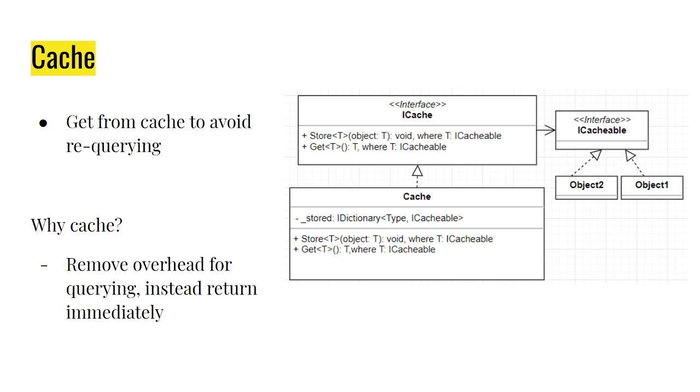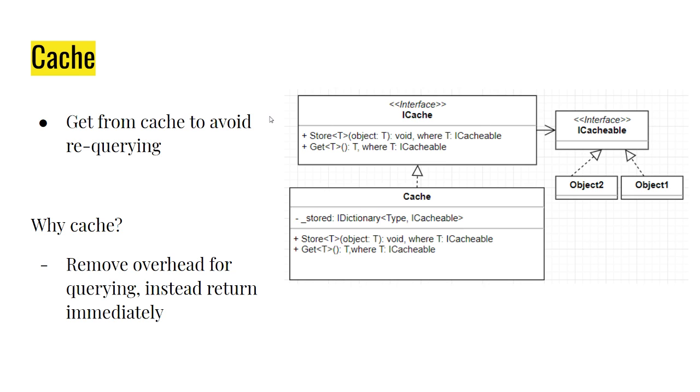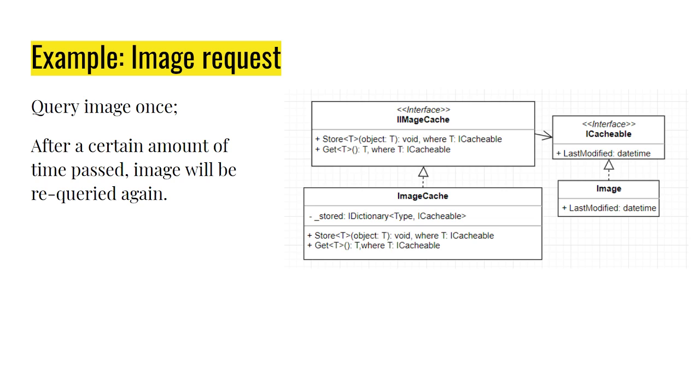So by having logic which determines what is good enough and trustworthy enough time for getting something, like do you need to get it from a store or do you need to get it from the web, that's what cache solves.